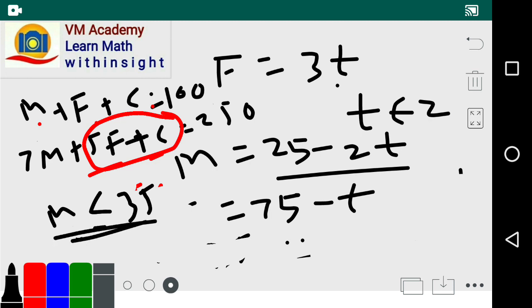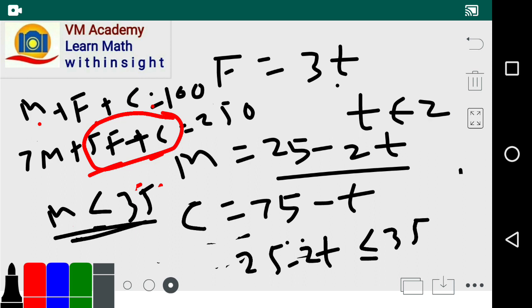Now here m is 25 minus 2t, friends. 25 minus 2t less than or equal to 35, and thus we get 25 minus 35, that is minus 10, so 2t is greater than or equal to minus 10.